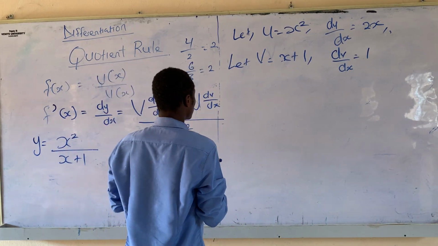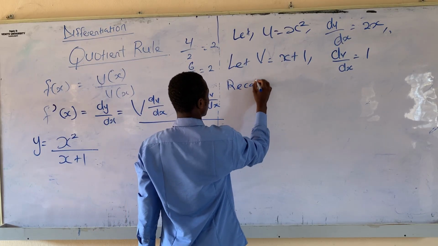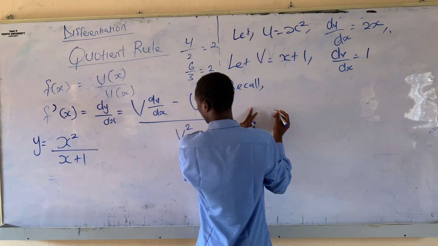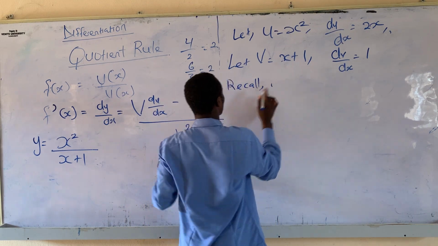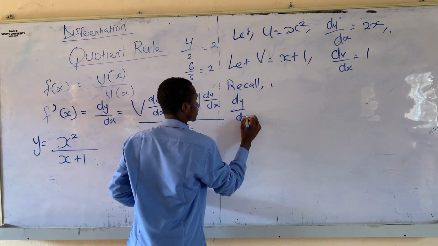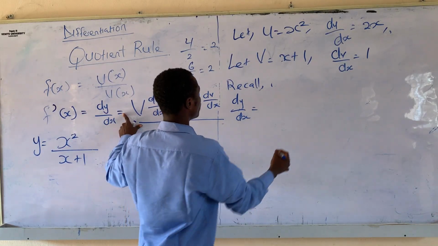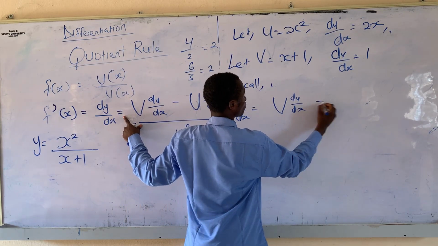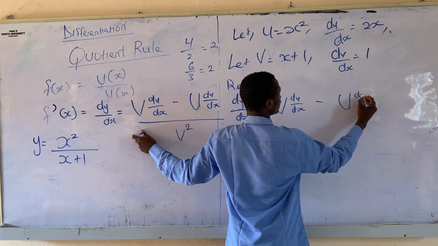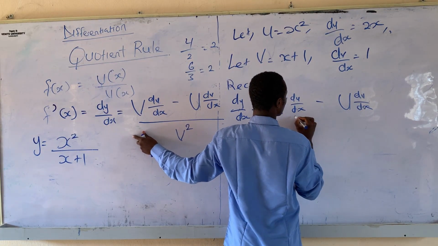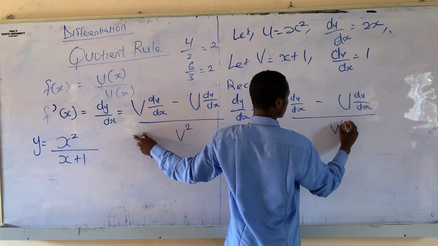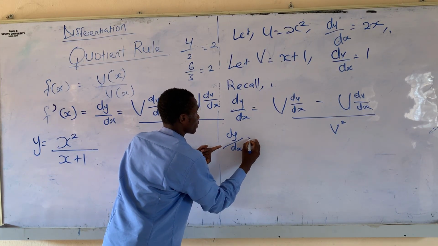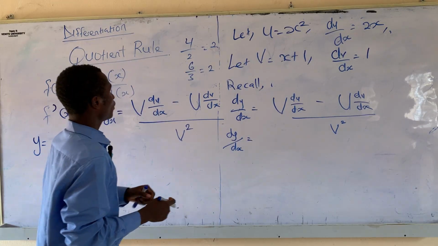Then recall that our dy over dx is equal to v du over dx minus u dv over dx all over v squared. Then our dy over dx is equal to, what's our v?